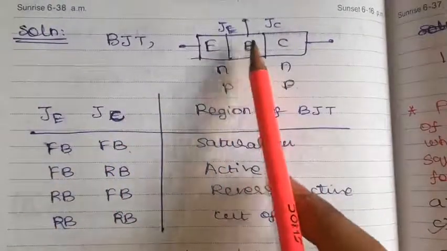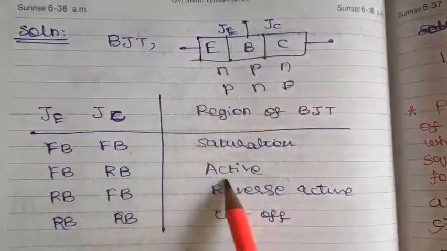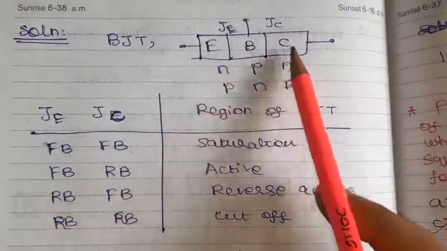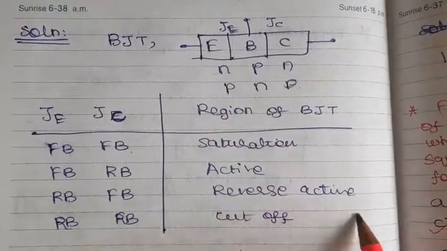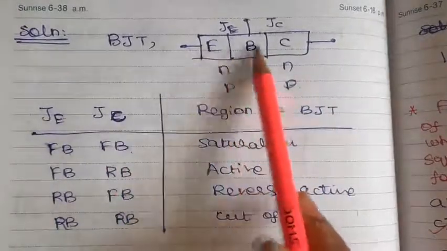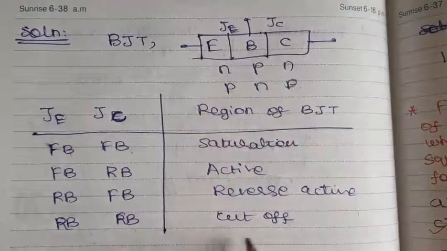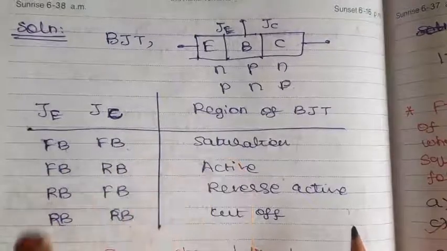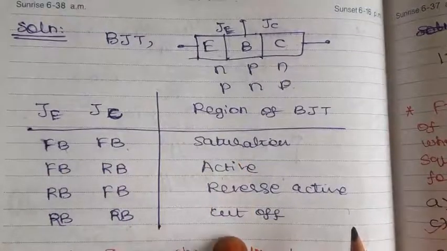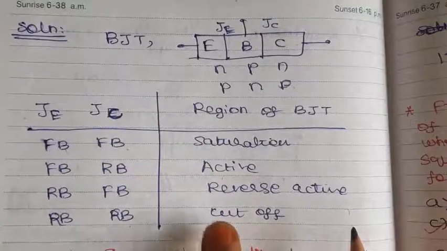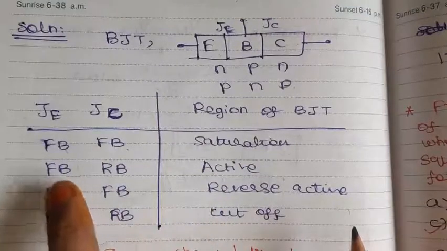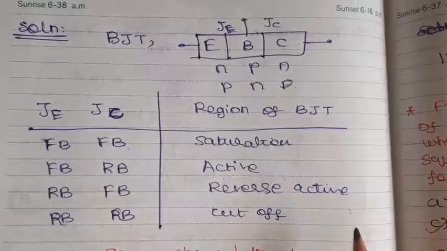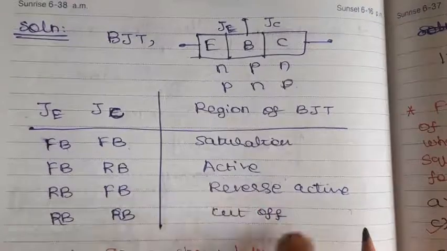Emitter base junction forward and collector base junction reverse bias means active region. Emitter base junction reverse and collector base junction forward means reverse active region. Both junctions reverse bias means cutoff. In simple terms: if both junctions are forward bias, it is the saturation region. If both are reverse, it is acting in the cutoff region. If emitter base is forward and collector base is reverse, it is the active region. If emitter base is reverse bias and collector base is forward bias, it is the reverse active region.